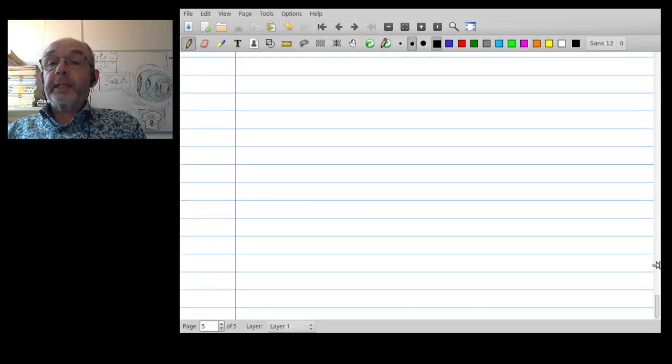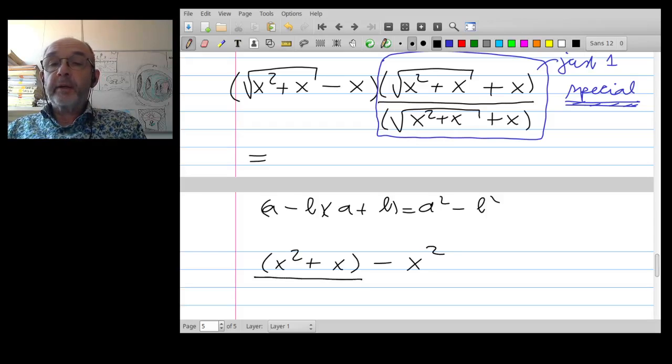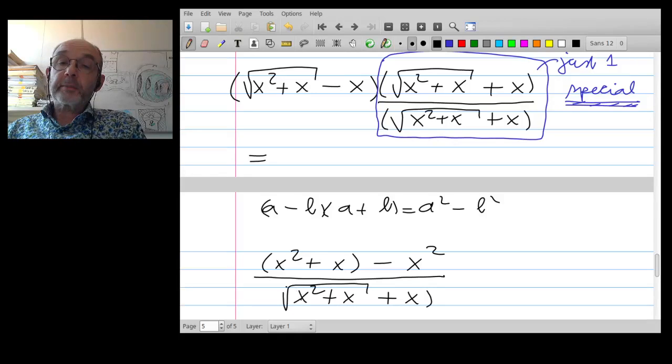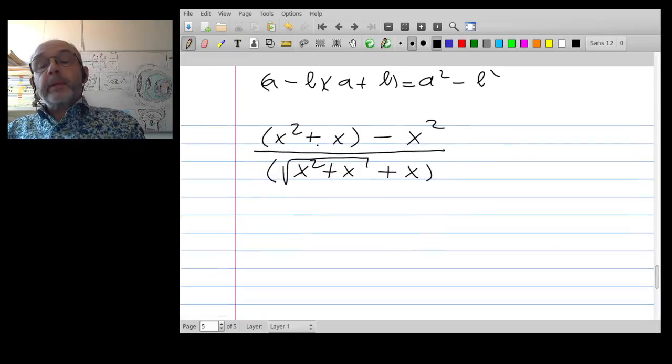And so what do we have here? Here we get x squared plus x, and then we have minus x squared, divided by the denominator, that was the square root of x squared plus x. And then I have to go further on to see what happens.